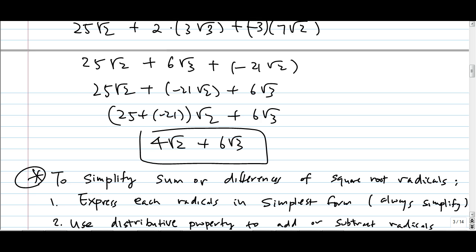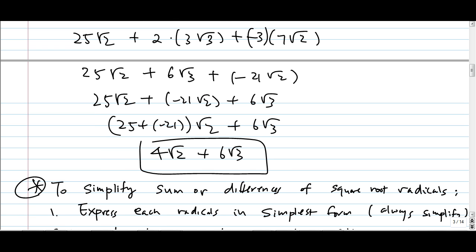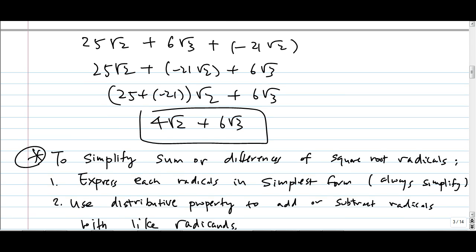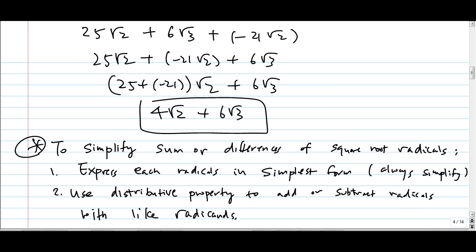The way they say that is express each radical in simplest form. Then you gather your like terms and use the distributive property to add or subtract radicals with like radicands. It makes sense, right? Just like like terms, they have to have like radicands.